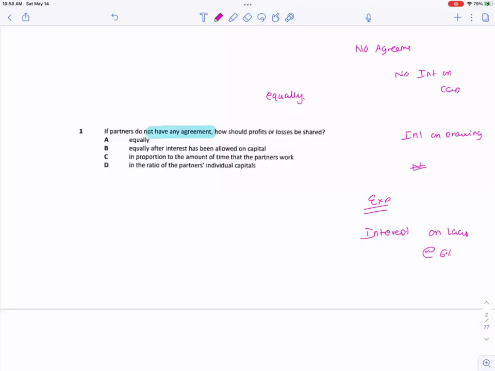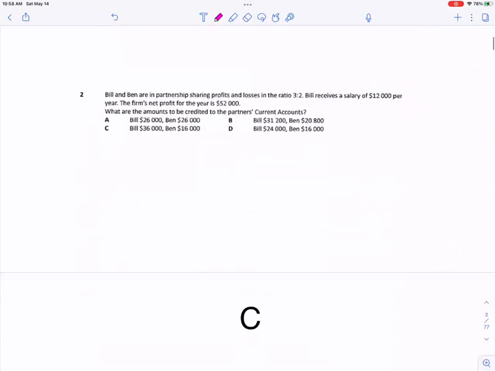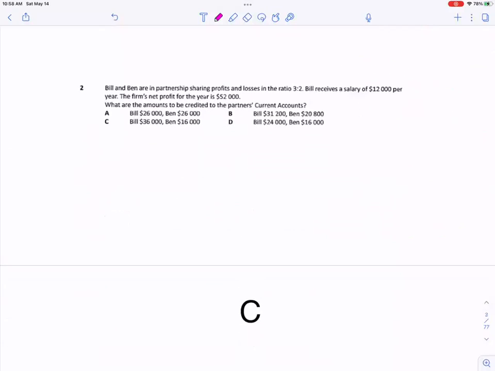If there is no agreement, profit and losses will be shared equally and nothing else will be given except interest on loan. Come on, go to the second one.